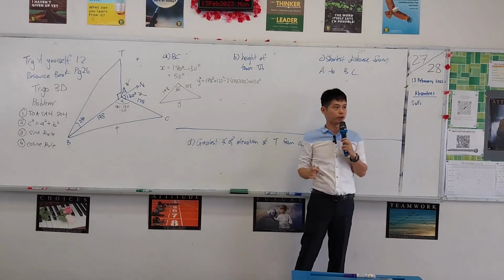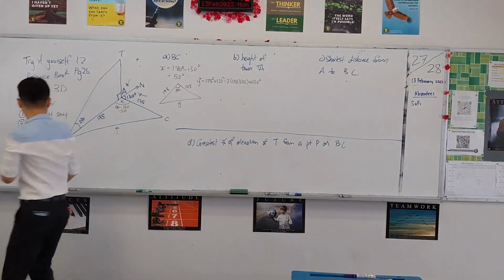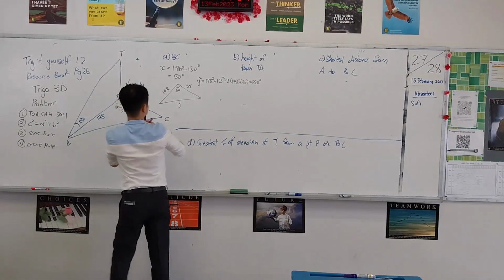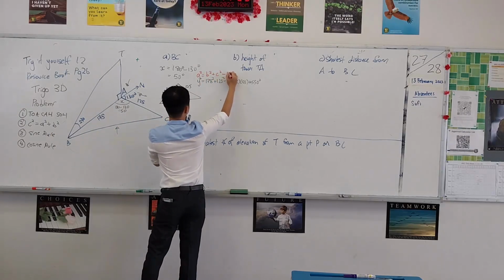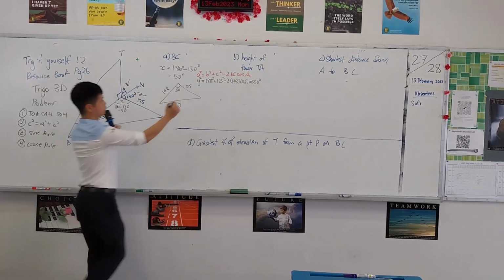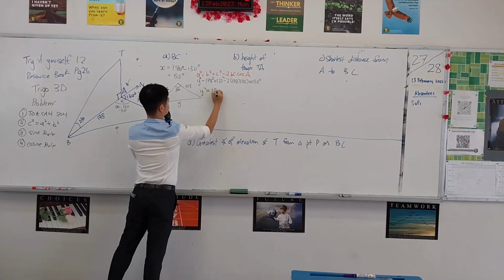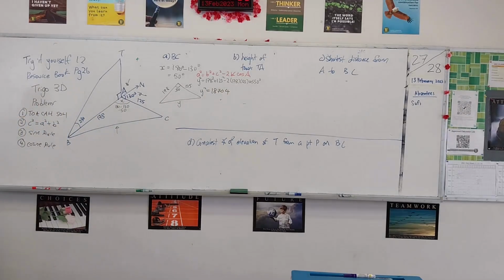Just a show of hand. Anyone wants me to write down the formula for you? So the formula goes like that. Let me write in red. The formula is A square equals to B square plus C square minus 2BC cosine A, given during your WAs. So Y square is 18704. Now, can someone tell me what's wrong with this number? Yeah, I did not square root.